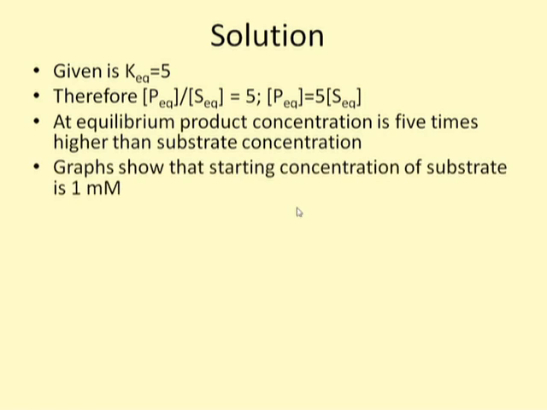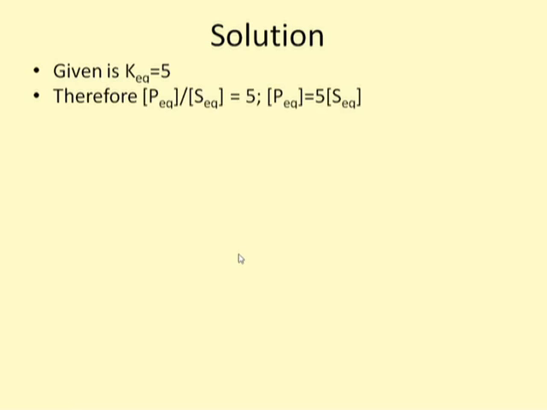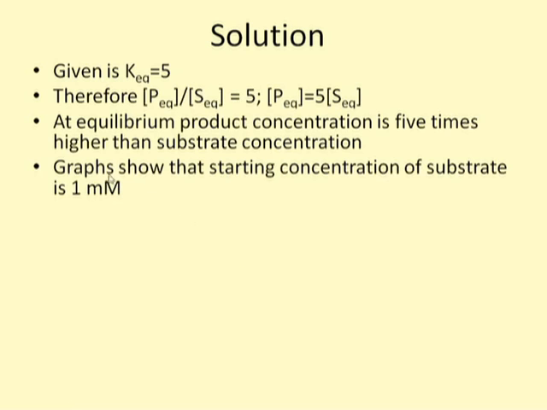Now we go back to the graphs and see that the starting concentration of the substrate in all these plots is close to 1. So we assume that the starting concentration of the substrate is 1 millimolar. At equilibrium, the concentration of substrate plus product is always going to remain what was initially the concentration of substrate, that is 1.